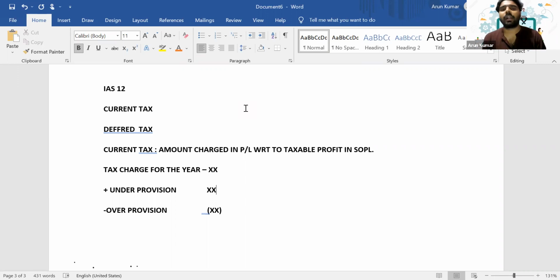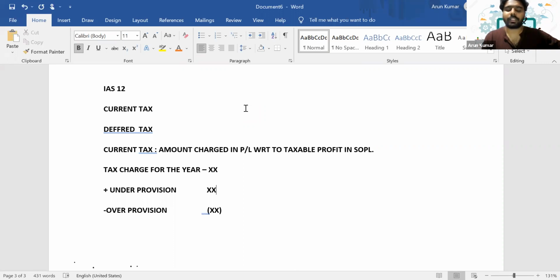In the current year, we have received a bill from the tax authority saying your tax invoice is 1,20,000. We only estimated a tax charge of 1 lakh last year, but the amount agreed with the tax authority is 1,20,000. So how will you account for that 20,000? That 20,000 will be recorded as an expense in the subsequent period, that is, in the current year we'll charge it to the P&L.